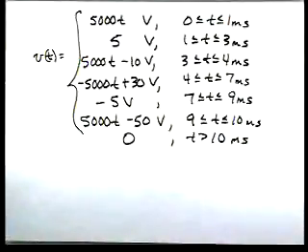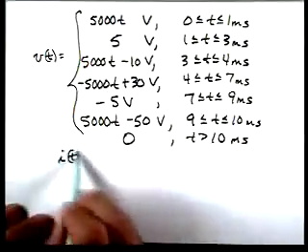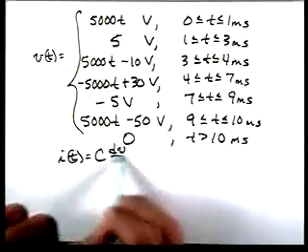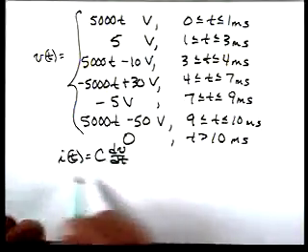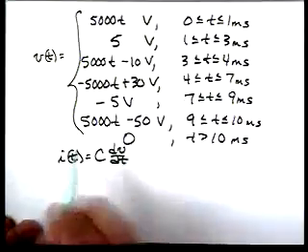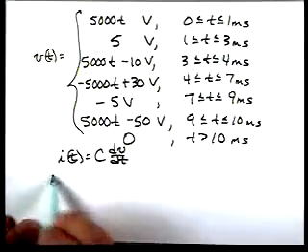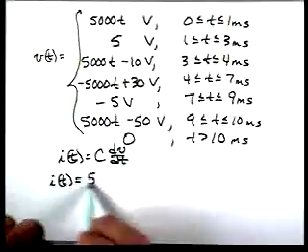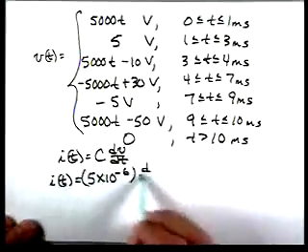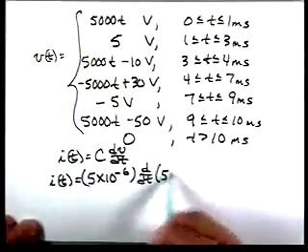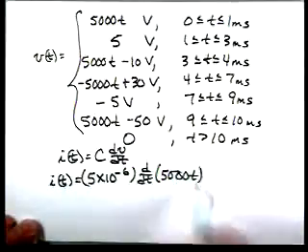Now we're ready to use I equals C dV/dt. For our first interval, 0 to 1, we have I of t equals 5 times 10 to the minus 6 times the derivative of 5,000 t.